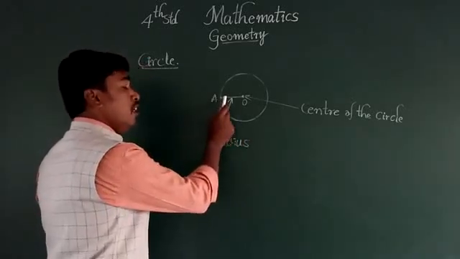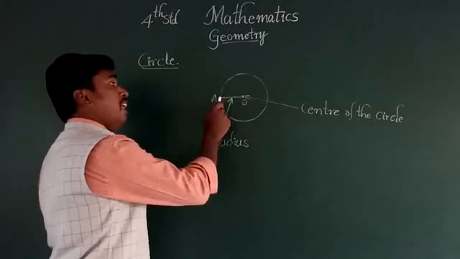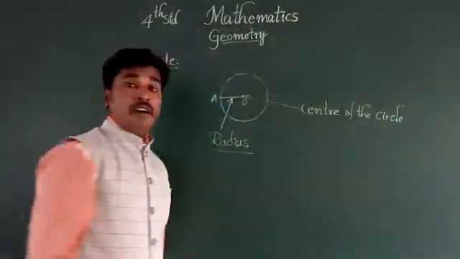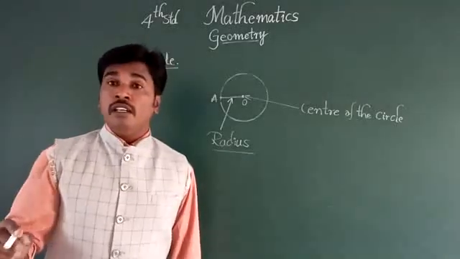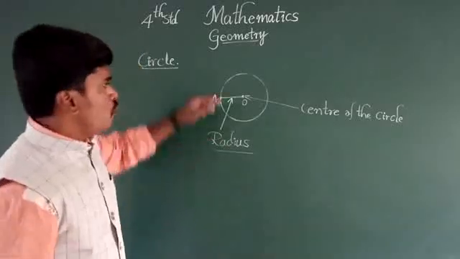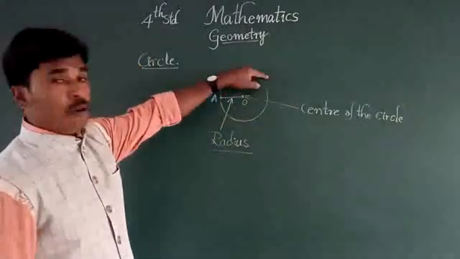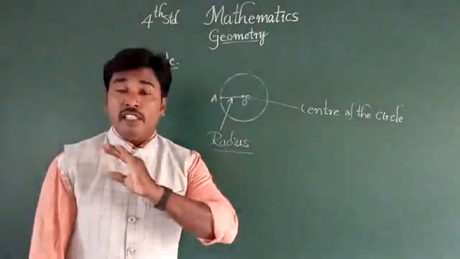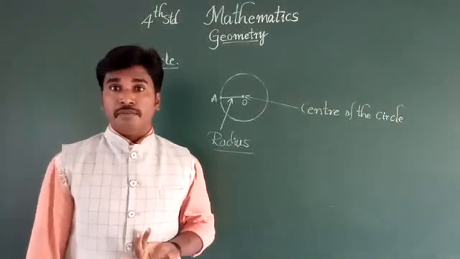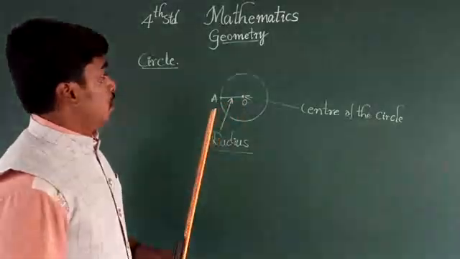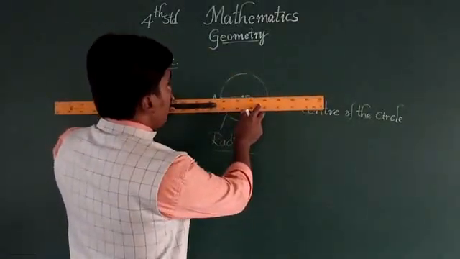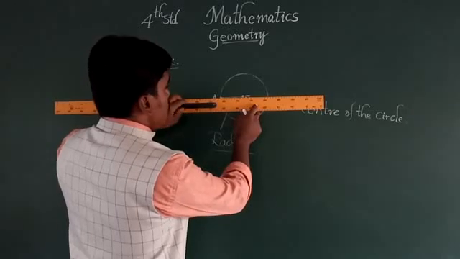The distance between the center of the circle and any point on the circle is called the radius. For any circle, the radius remains the same. Wherever you join the center of the circle and a point on the circle, the distance remains the same.